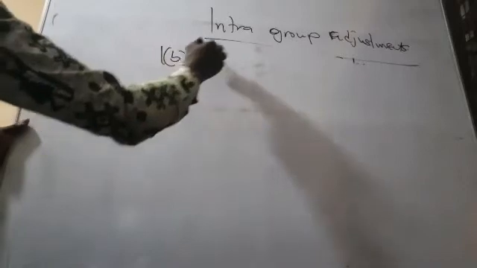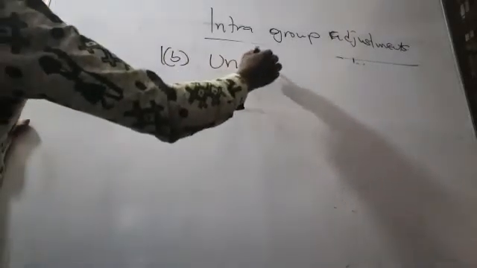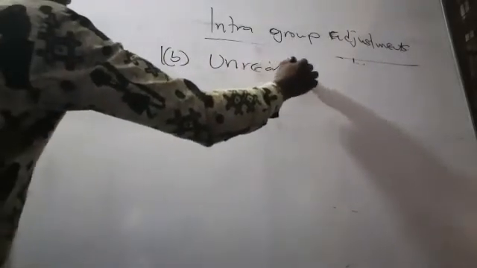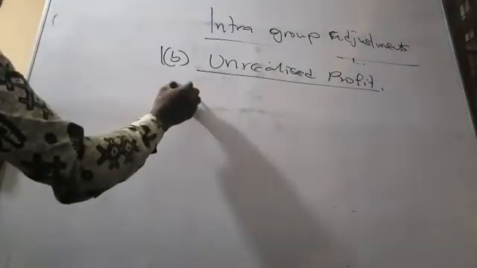So let's see. 1B. We are looking at 1B now. Unrealized profits. There are 3 ways to get unrealized profits.